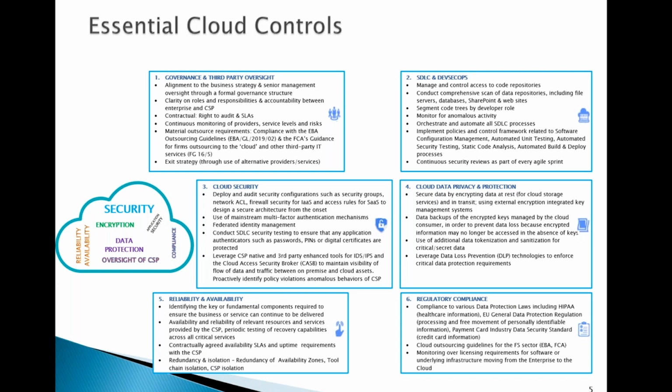All of this should be laid out in the contract between the organization and the cloud service provider. The consumer organization should also have a third-party oversight framework to continuously monitor the CSPs and whether they meet the SLAs or not. And these SLAs should be re-reviewed on a periodic basis to make sure this is even the right set of metrics and KPIs that we want to hold the CSPs accountable for.